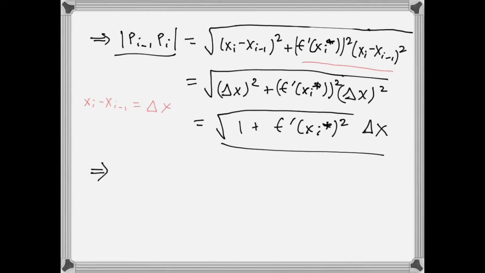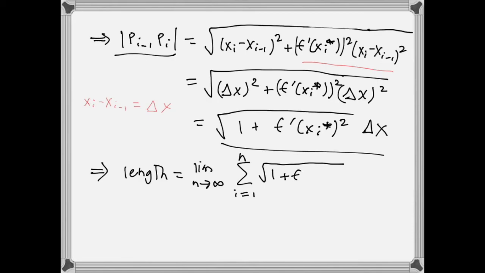So now what this means is that length is equal to the limit as n goes to infinity of the sum from i equals 1 to n of this guy that I just wrote down, the square root of 1 plus f prime of x_i star squared.